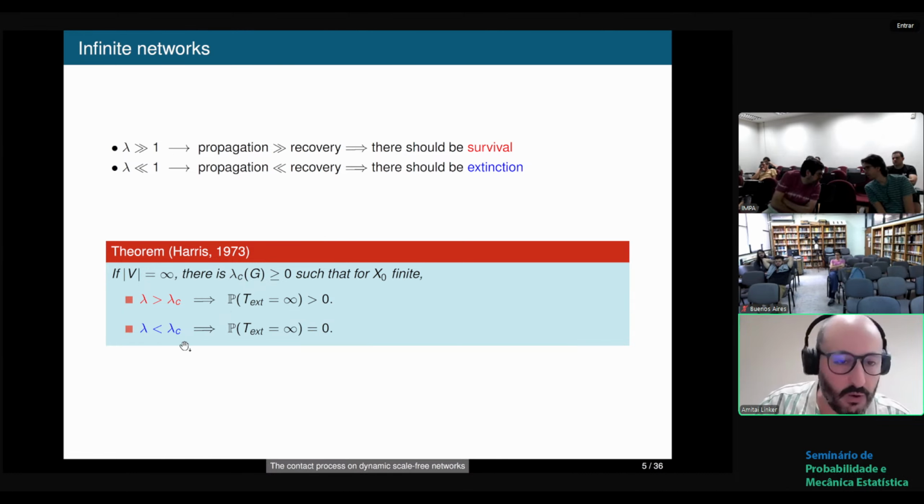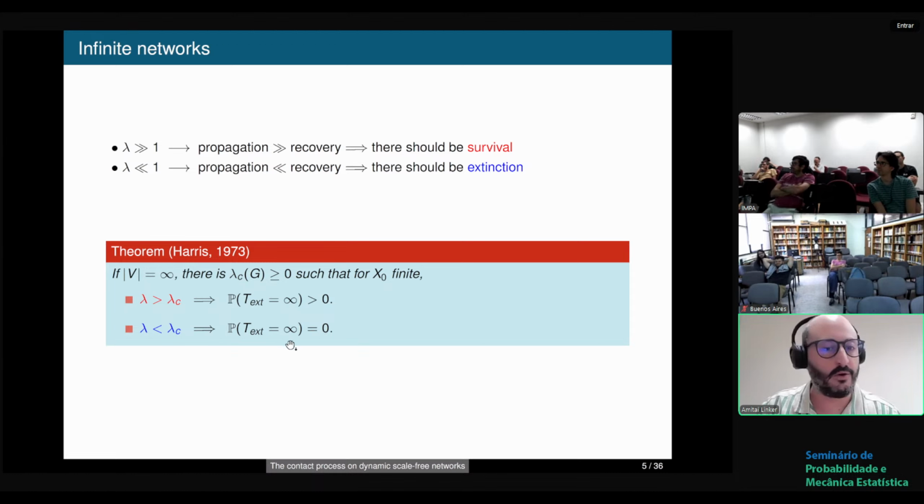However, if you are below this critical parameter, then you are certainly going to go to extinction at some point. Now, the infection not only cares about how long it takes to reach extinction or whether there is a chance or not, there is also some behavior associated to it.